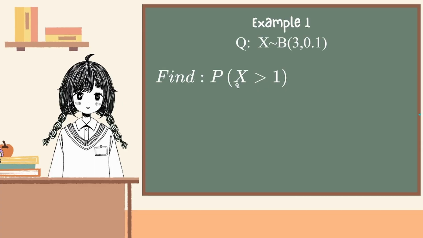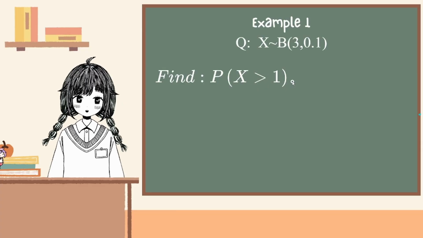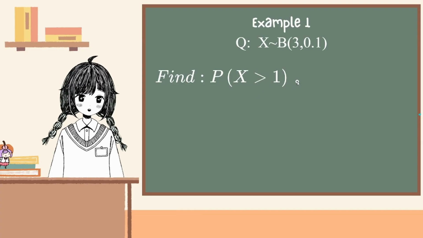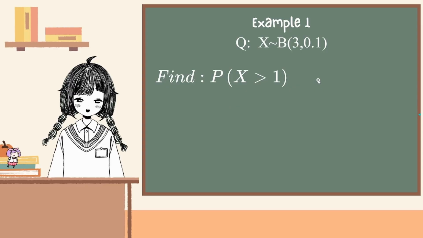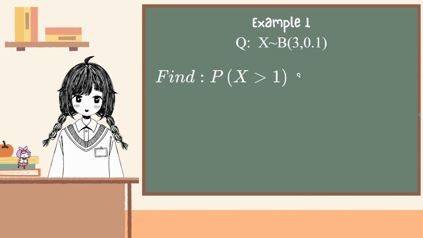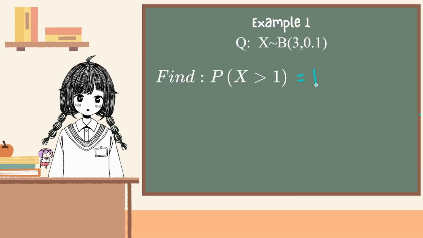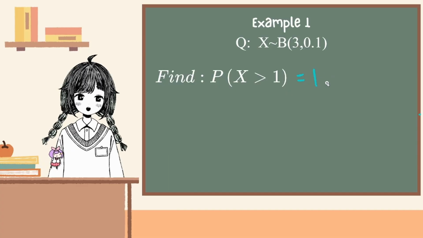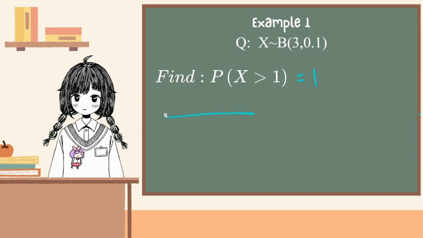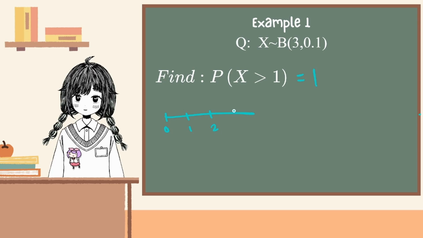So next is P(X > 1). Now more than 1 here can also mean there's no ending to it, until infinity. So to solve it, we use 1 here, meaning 100% of probability. If we were to draw it, it will look like this: 1 till infinity.